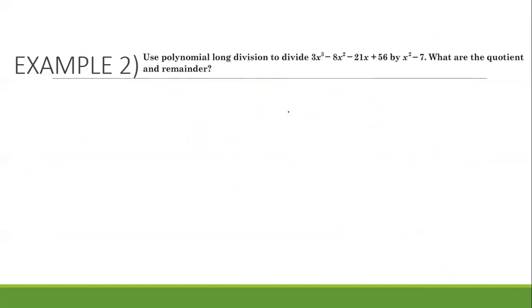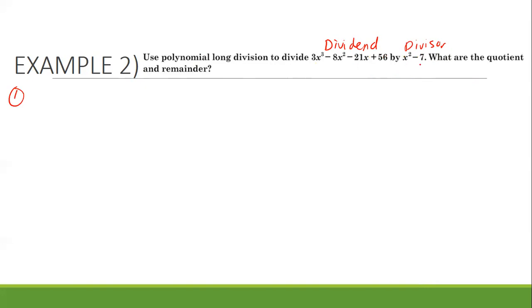So this time we have 3x cubed minus 8x squared minus 21x plus 56. So this is our dividend. And here's our divisor. Step 1 says make sure your dividend and divisor are in polynomial standard form.